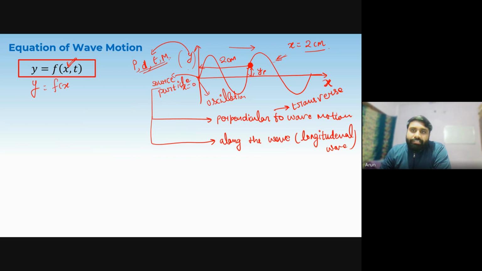So it is very important to know at what position and at what time the particle is in a particular wave, so that we can know the exact displacement of that particle from the mean position. That is why time is also important, and that is why we have written that y is a function of x and t. More specifically, this y belongs to a function of type ax plus minus bt. Got it?